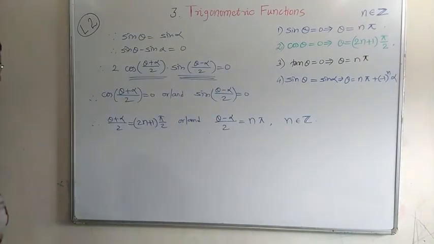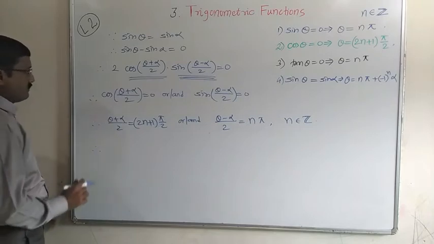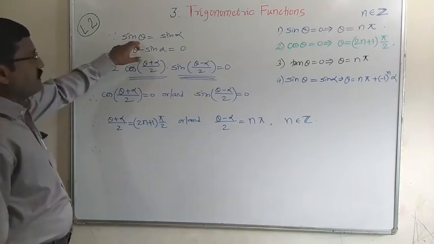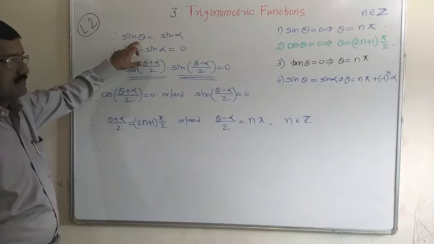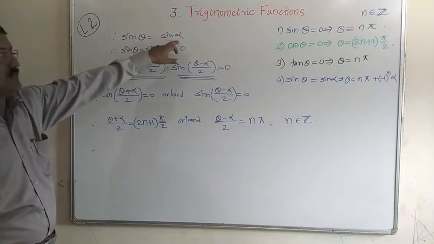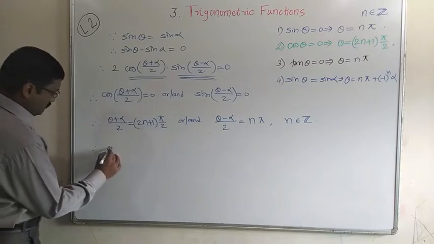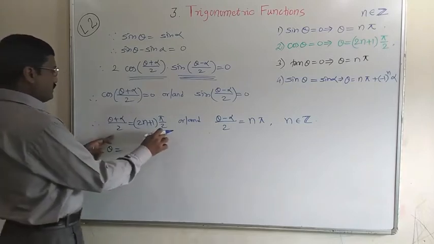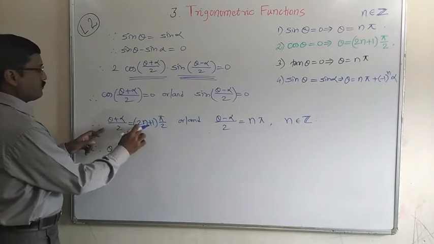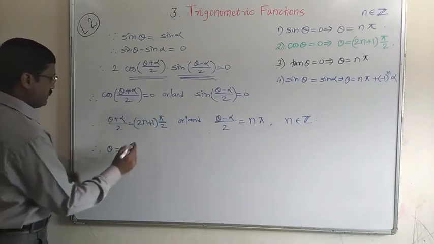Okay. Now let us simplify this. What is the solution? Our aim is to find theta. Now this alpha is a given constant angle and this theta is variable. So to find theta, the 2 gets cancelled. So we get theta is equal to (2n plus 1) pi by 2 minus alpha.